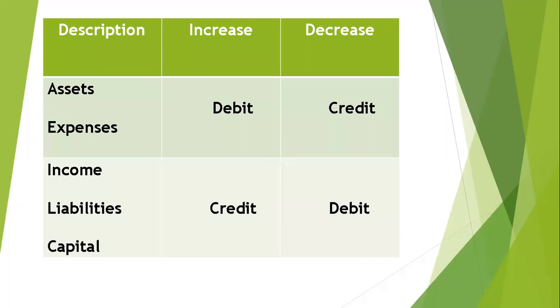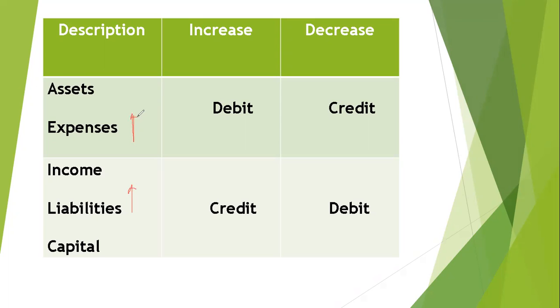At the same time, the creditors are also going to increase because when we are buying from creditors, the amount we should pay back to them also increases. So the liability is going to increase, and the expense is also going to increase.